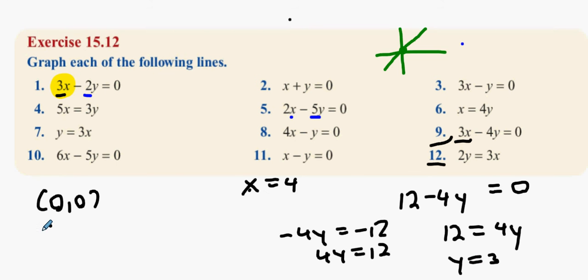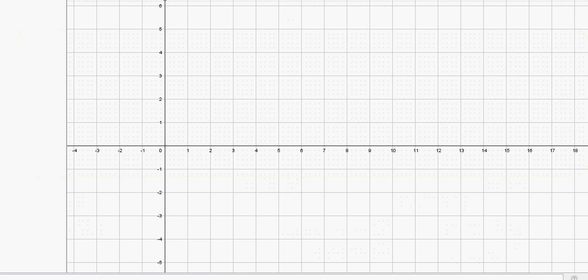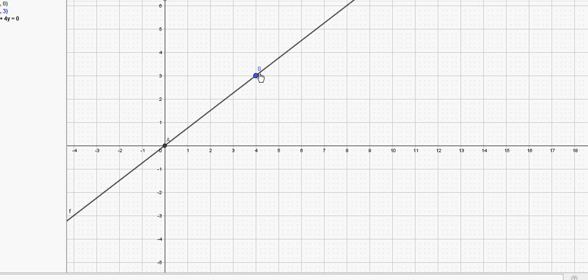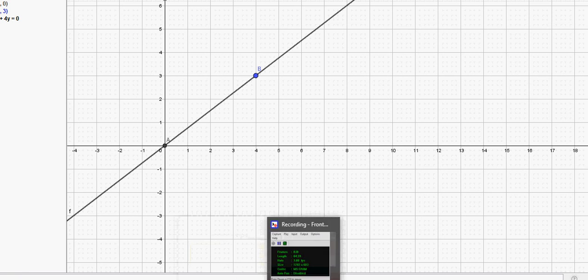Then you get the point 4, 3. So you just link 0, 0 up to 4, 3. So you do 0, 0, which is this one here, and 4, 3. There, you can go. Alright. Don't need to draw just yet, okay? I'll let you off.